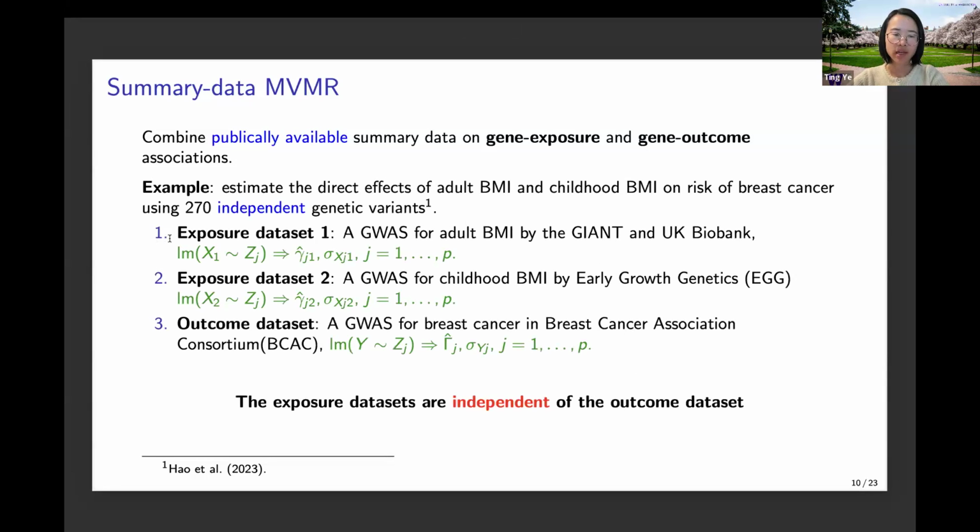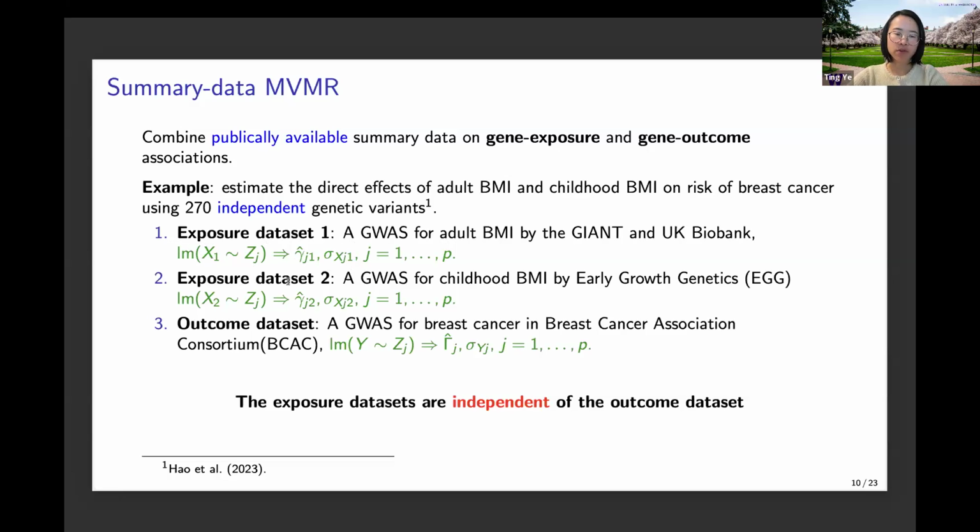So the first one is the exposure data set 1, which is a GWAS for adult BMI by the GIANT and UK Biobank. And from this GWAS, we will do marginal regression of the first exposure on each of the genetic variants. And this gives us the slope estimate as well as the standard error. So these summary statistics are what we will use.